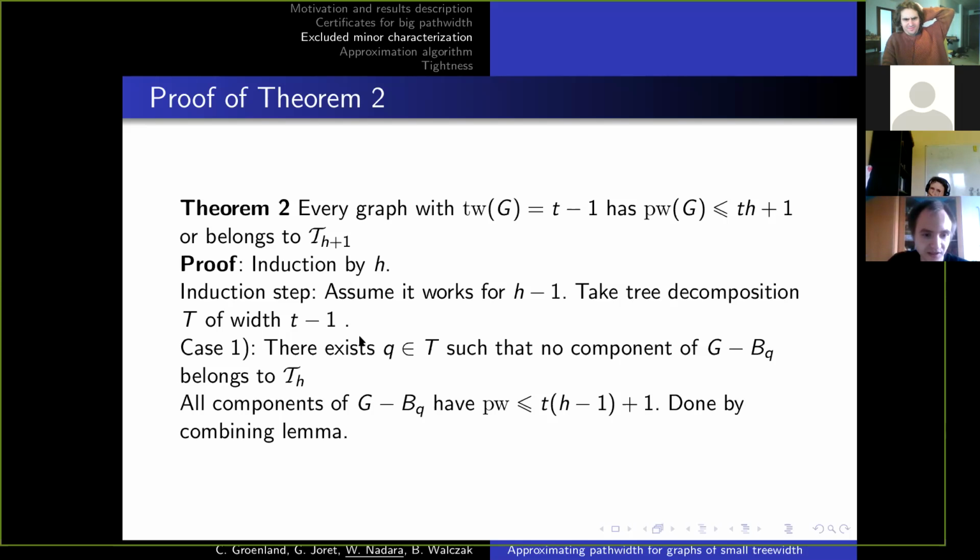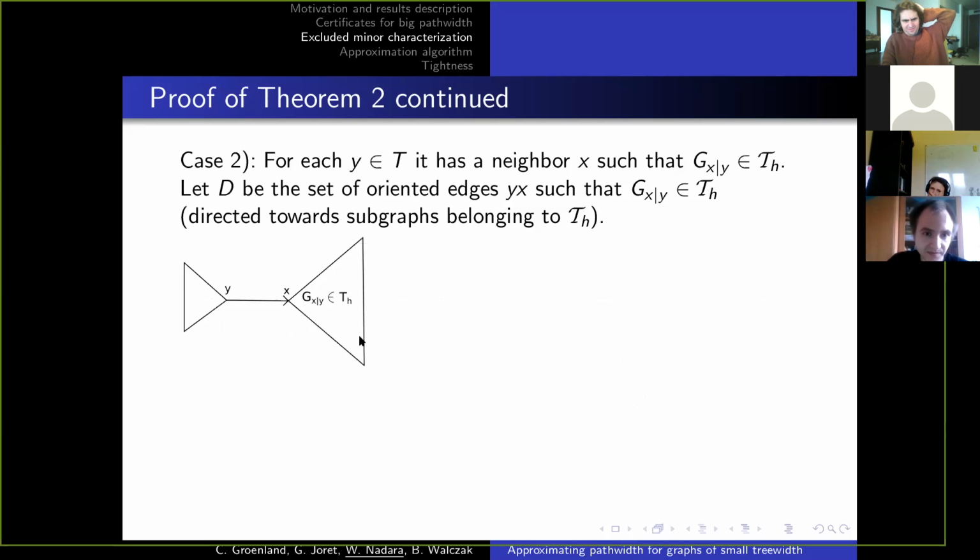Okay, so let's consider the second case, where for each vertex of our tree decomposition, after removing it, there is a big component in the rest of the graph. Specifically, if you look at this picture, it serves as a definition of Gxy that I use in the description of this case.